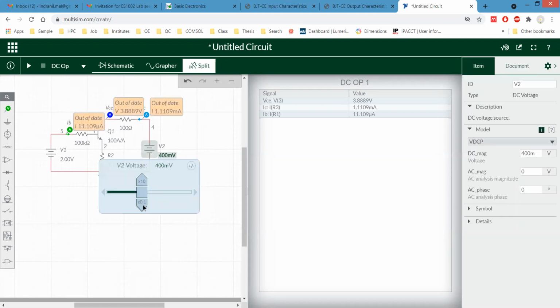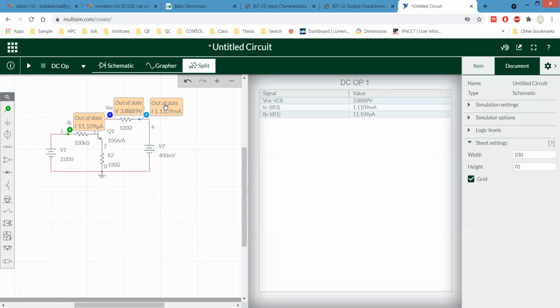Let's start with 400 millivolts. If this value is automatically updated, then we don't have to. Okay, no issue.